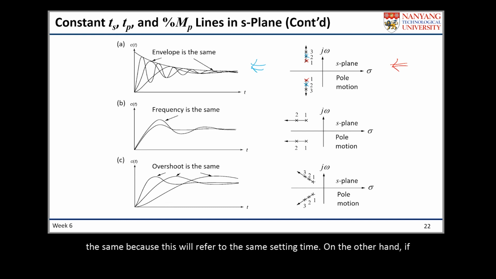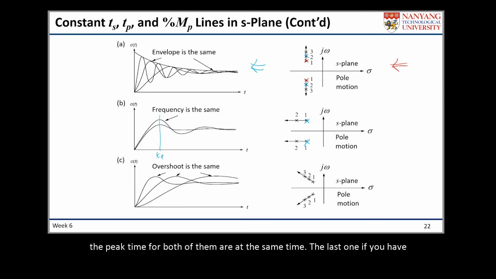On the other hand, if you have two underdamped second order systems, the first system has poles at this location, and the second one has poles at the location indicated by number 2. These two systems will have the same peak time, right? If you look at this drawing, the peak time for both of them is at the same time.